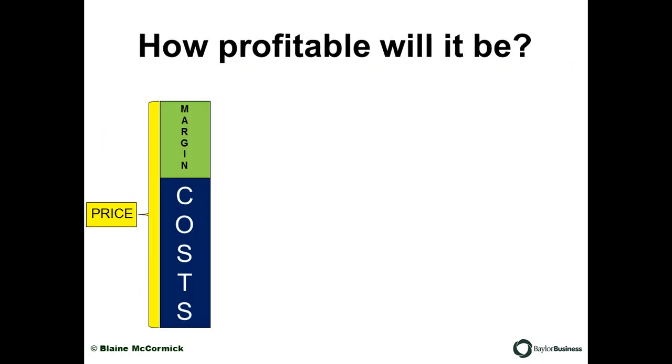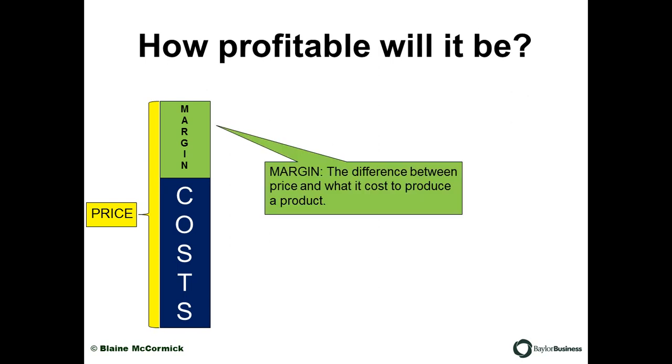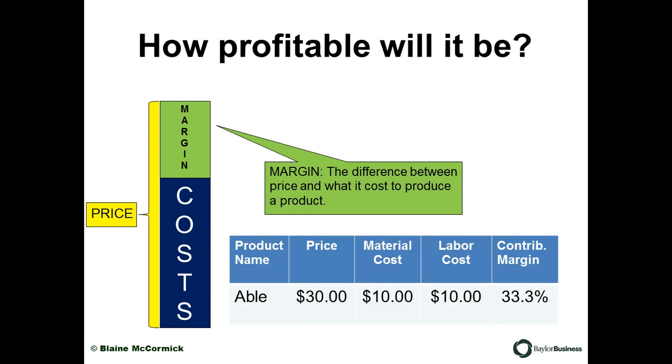The fourth part of the situational analysis is the margin analysis, and margins are basically the difference between the price of the product and the cost to produce that product. And there are some very basic calculations you need to make. If you had a $30 product that had $10 in materials and $10 in labor, that'd be $20.